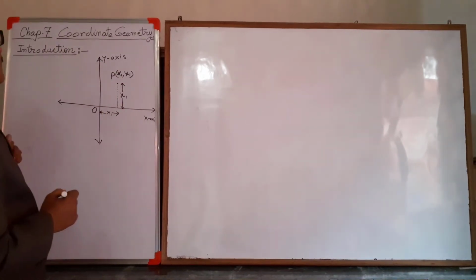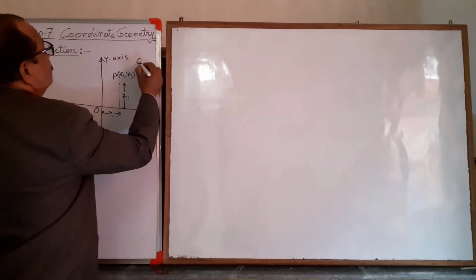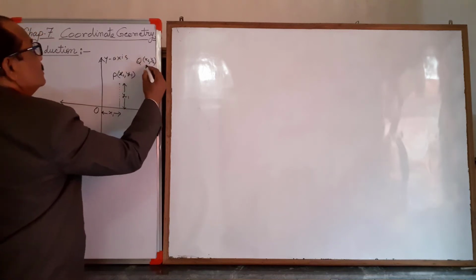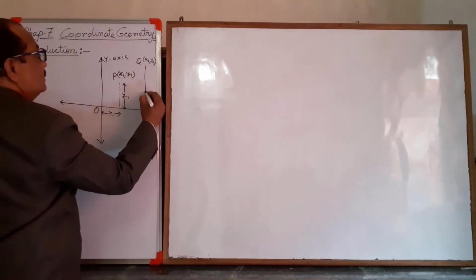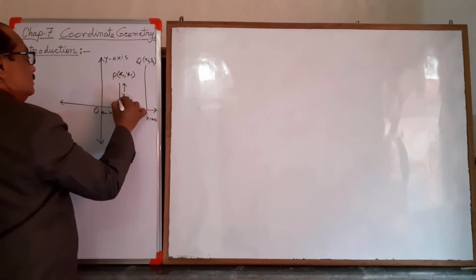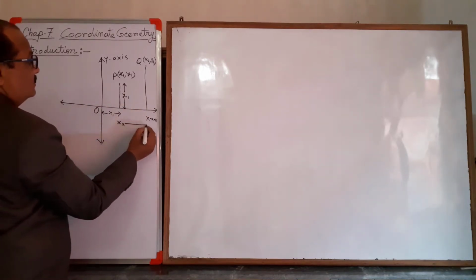Now suppose another point is given. This point is Q and its coordinate is given x2, y2. So in the same method you can also locate these points. What is this distance?